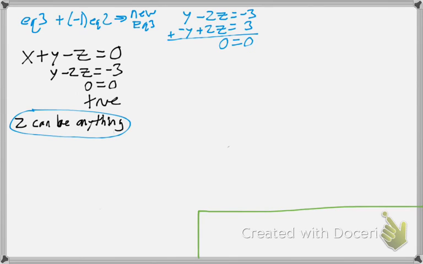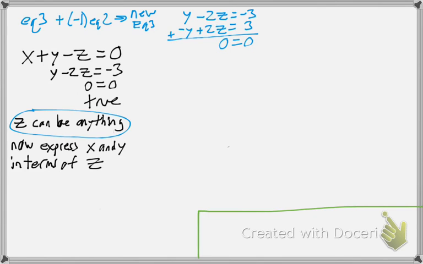And then I want to write the other two in terms of z. So now express x and y in terms of z.